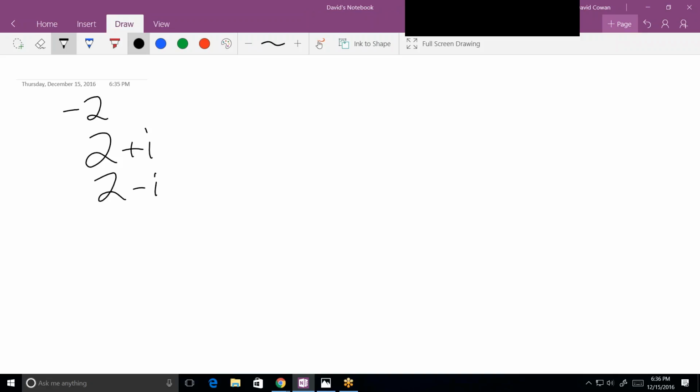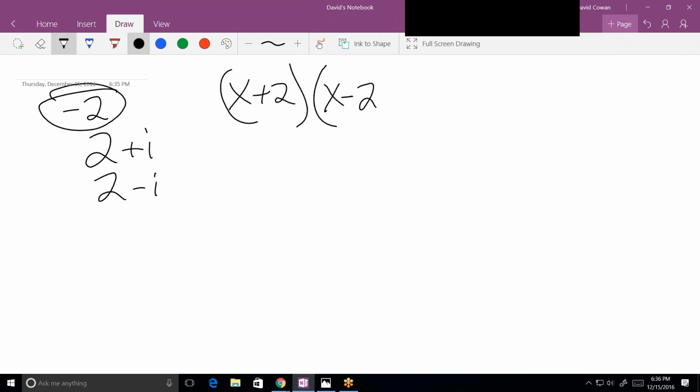So the way I'm going to come up with my polynomial, here's my 3 factors. x plus 2, that takes care of that factor, times x minus 2 plus i times x minus 2 minus i.